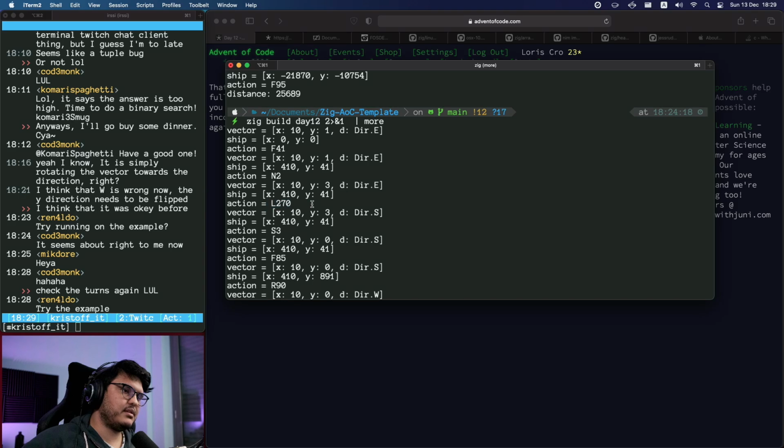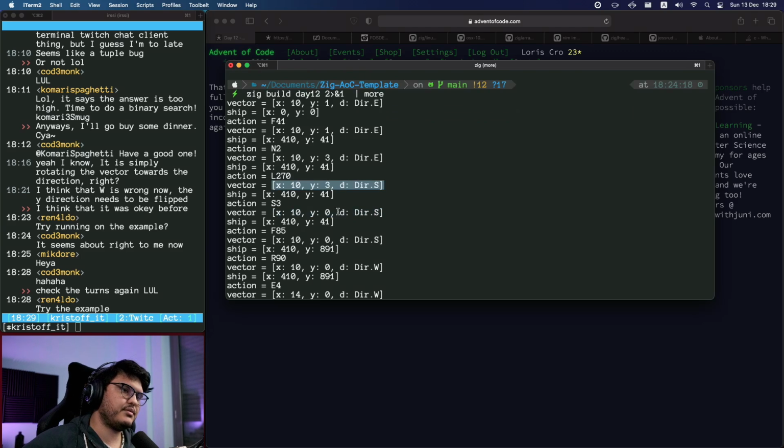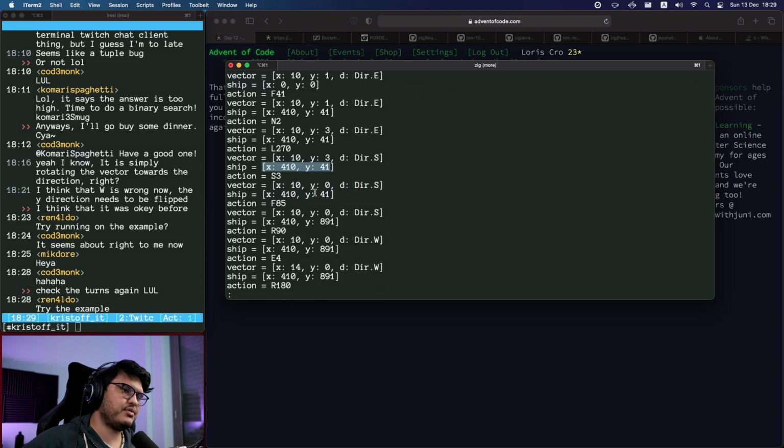Left 270 just changes the direction from east to south. Yes. Ship doesn't change position. South 3 changes this to 0. Okay.